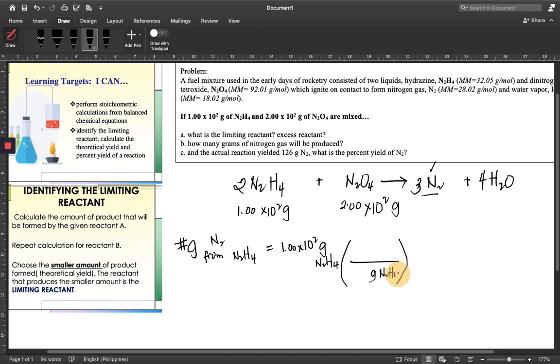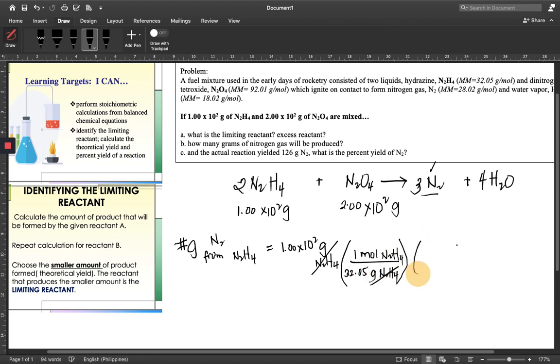So we are practically dividing it with the molar mass. So 1 mole N2H4, and we know that is 32.05. Now we can cancel grams of N2H4.